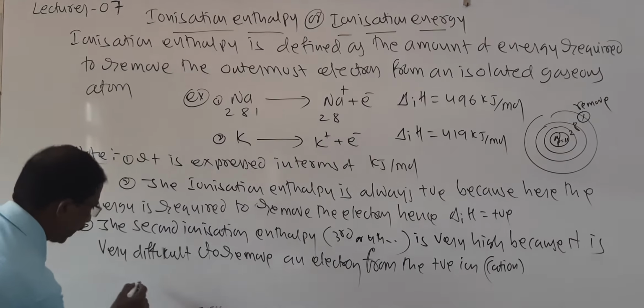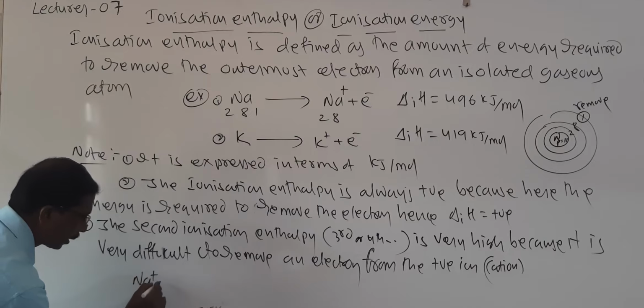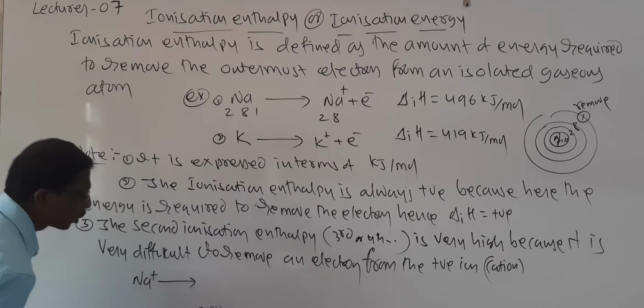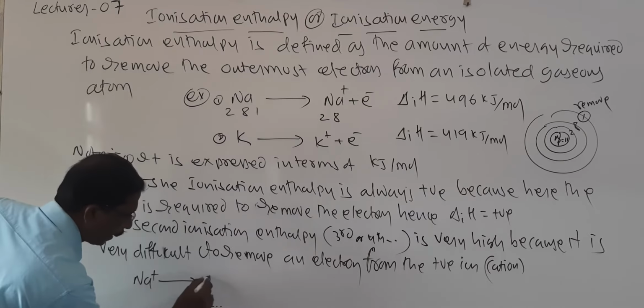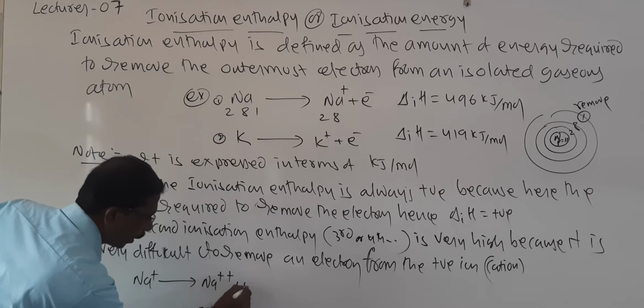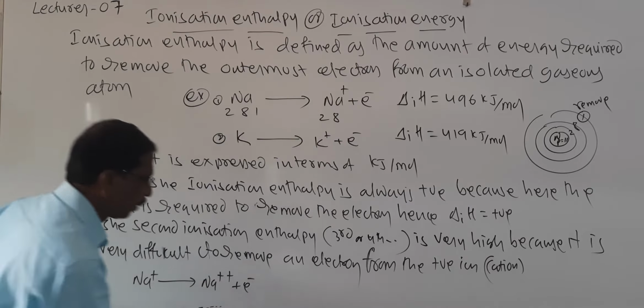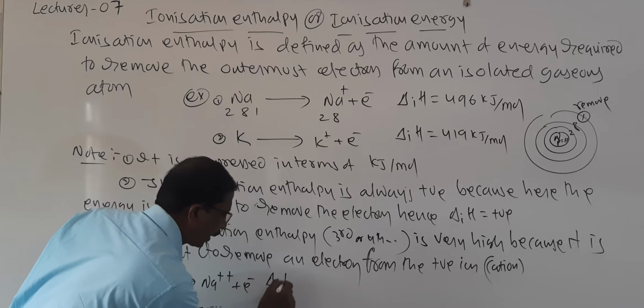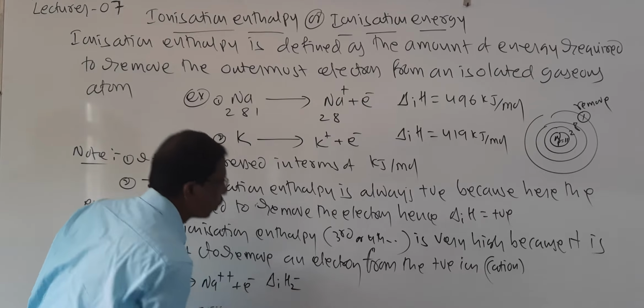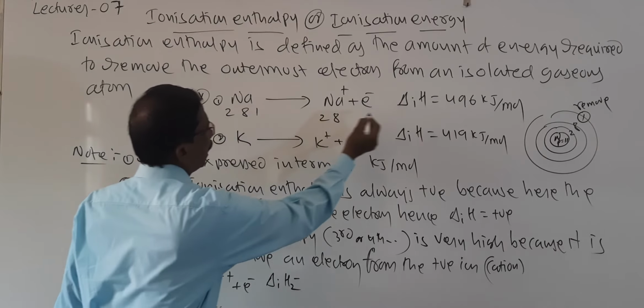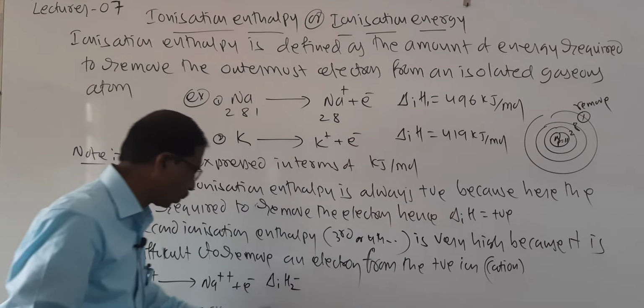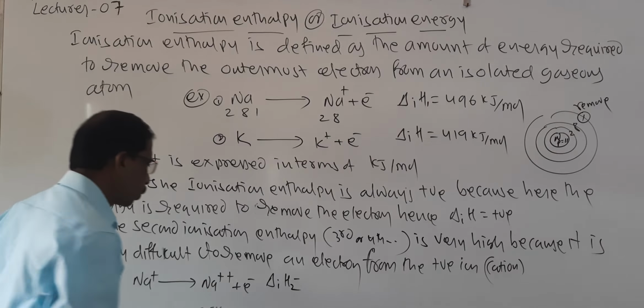Look here students, here Na plus, if you want to remove another electron, so delta IH is H1 for the first, and H2 if you want to remove another. I will show once again.